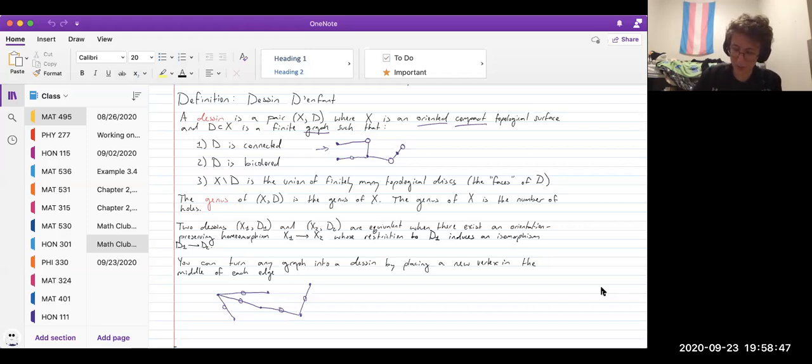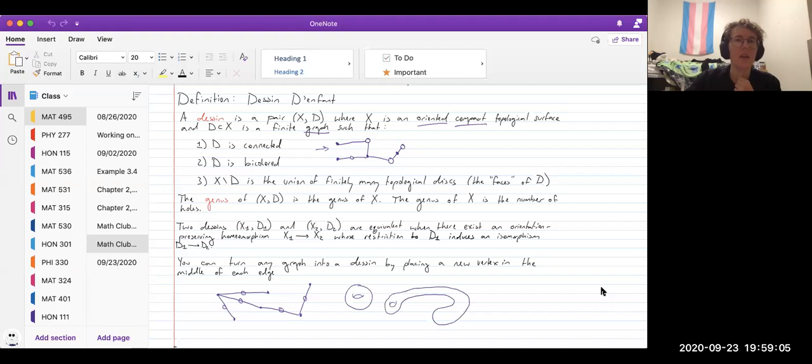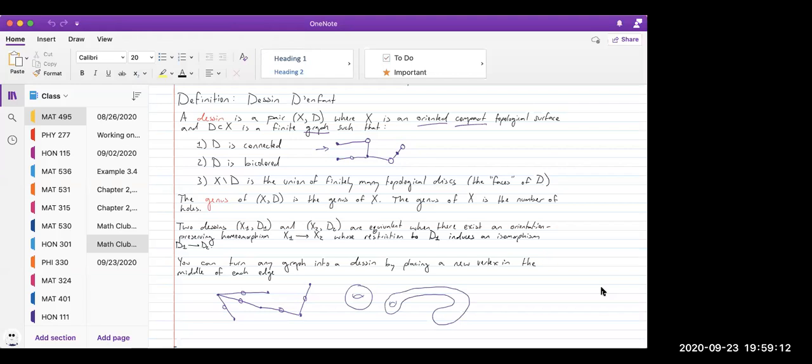An example would be, if this is a torus, this is homeomorphic to some other thing here. Like a straw? Yes, provided that the straw has some thickness to it.